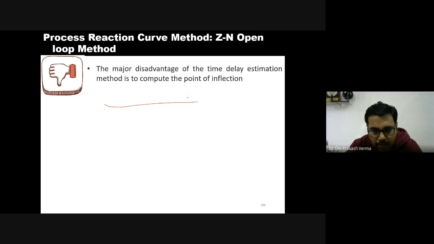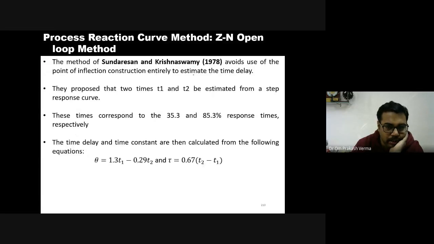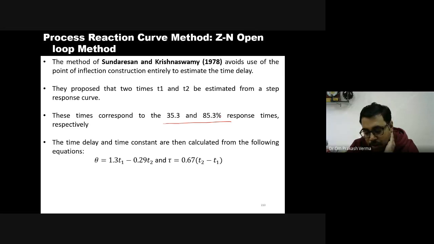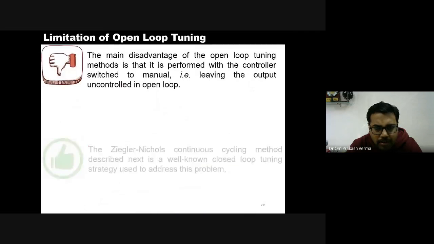So to avoid the complexity, Sundaresan and Krishnaswamy in 1978 proposed to calculate T1 and T2 from this figure 35.10. We already discussed this. Take the times corresponding to 35.3% and 85.3% of the response, put them in the equation, and then you can find the theta and tau values.